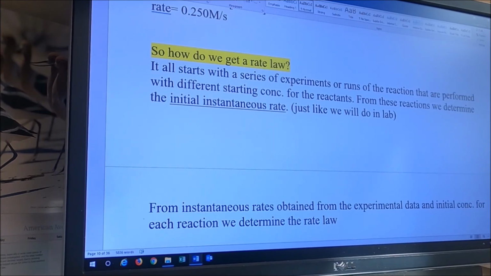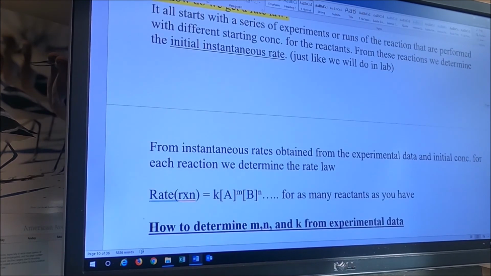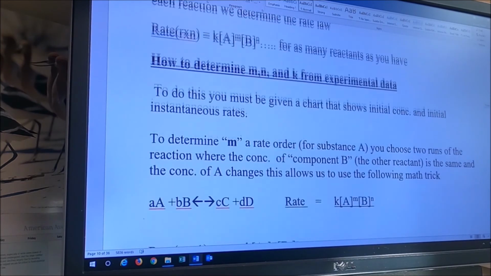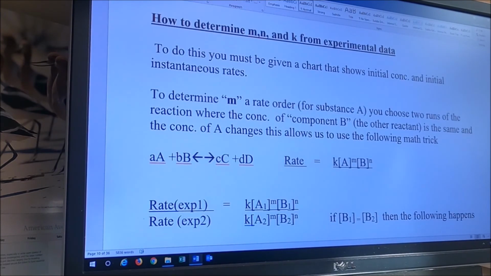So we do multiple reaction runs. From these instantaneous rates, we obtain experimental data of concentration and initial rates, and that's how we're going to determine m, n, and k. So let's look at how we determine m, n, and k.